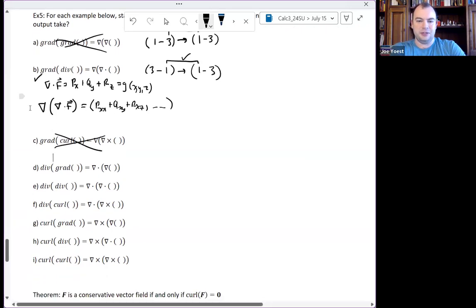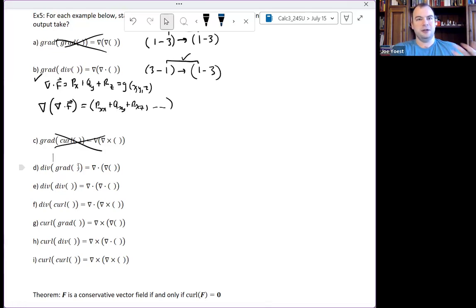Can I take the divergence of a gradient? A gradient takes a scalar function in, gives a vector field out.